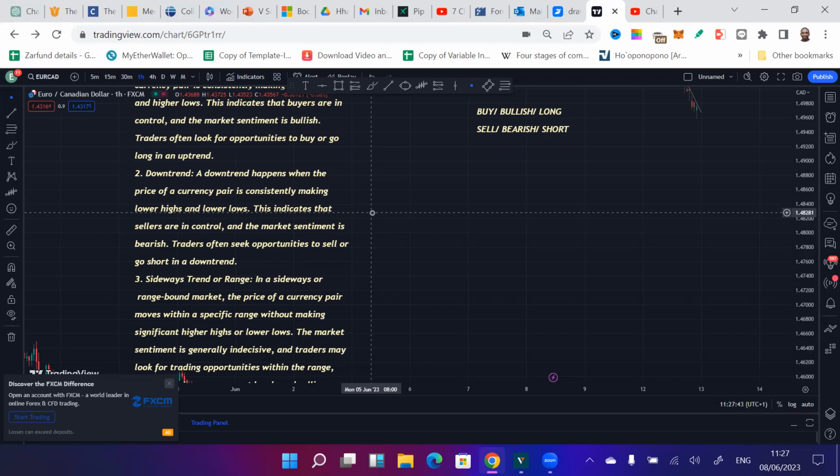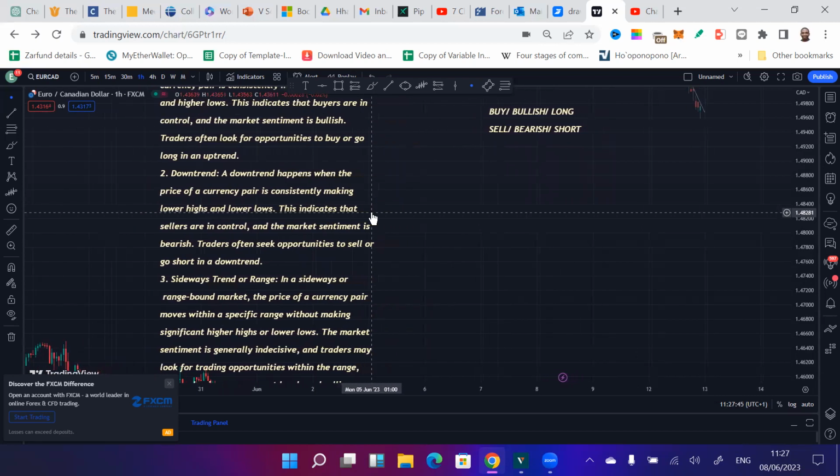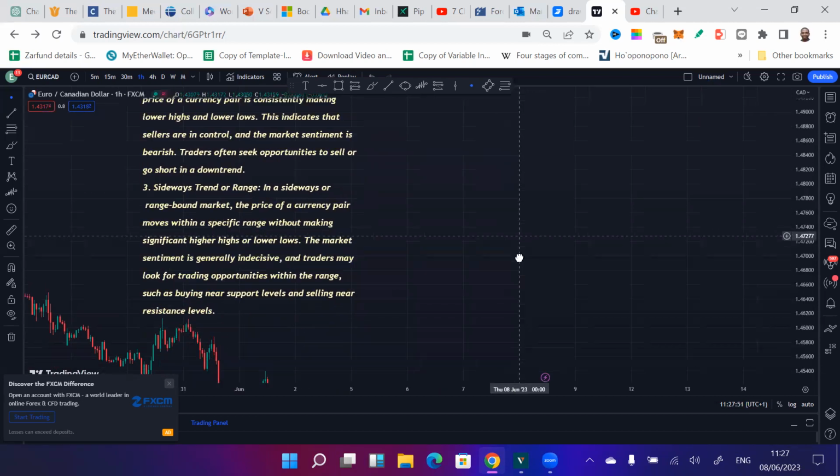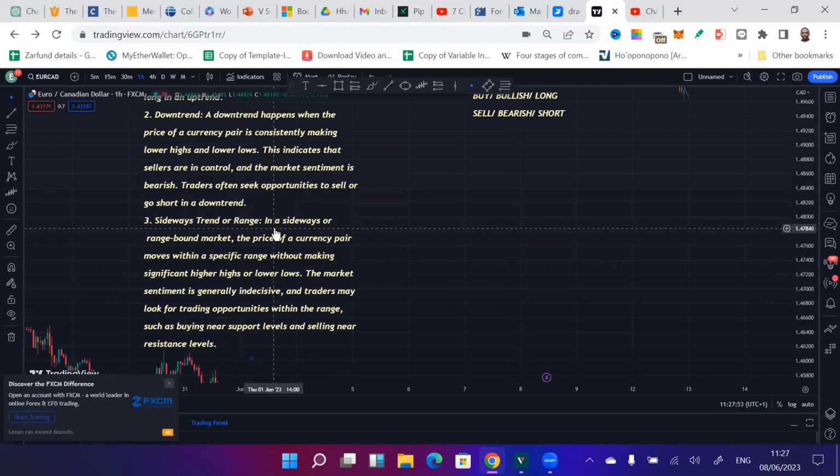Then the next one here is the sideways trend. A sideways trend or a range is a range-bound market. We'll explain that as well so that you understand what a range-bound market is.